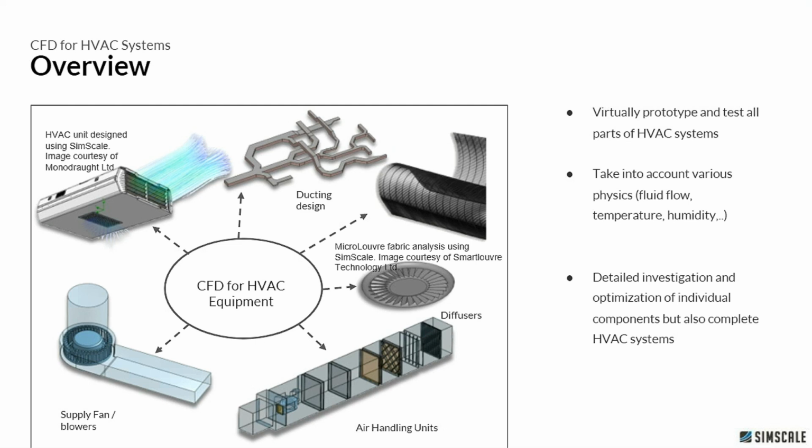All of these together make up the total behavior of the air handling unit. With SimScale, you can either analyze specific subcomponents of it, but also analyze the complete air handling unit together to see how different design configurations, orderings, and louver angles have an effect on the complete unit performance.